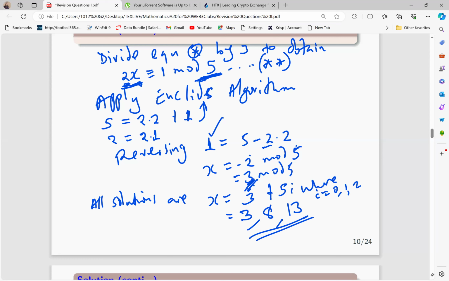The alternative way, without using this, is you would have taken this 3, the first solution, then added 5 to get the other solution. That is the other alternative. It's always good to come up with a general solution, the one you can generalize.